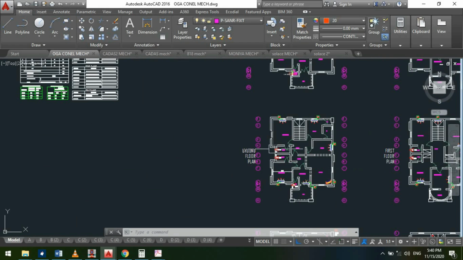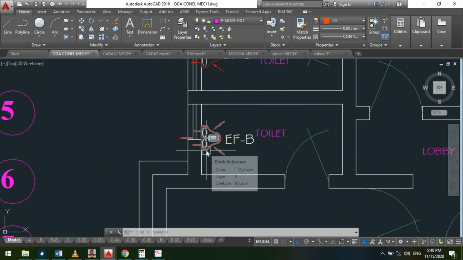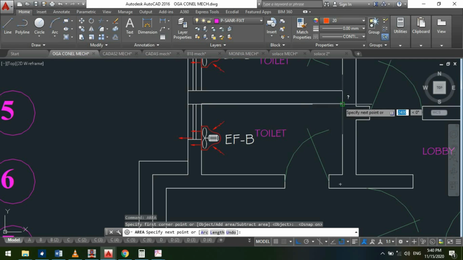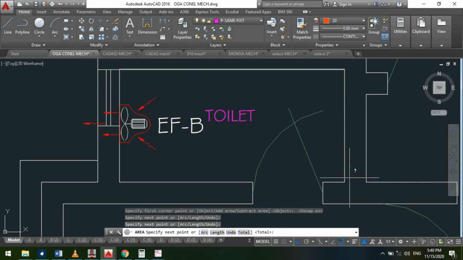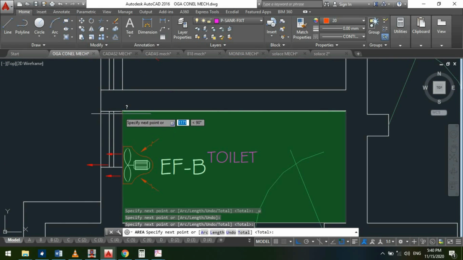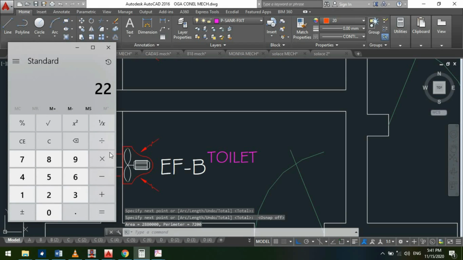So we use the same principle for every toilet, bathroom, laundries as required. So let's repeat the same process here. Area, F3, Ctrl Z. So we have 2.8 by, let's assume 3 by 15.